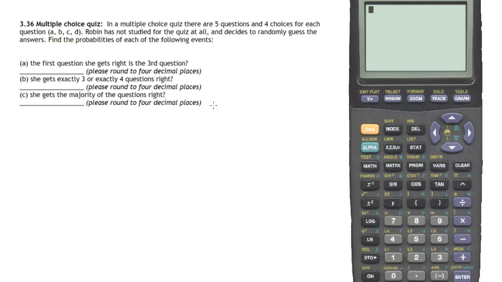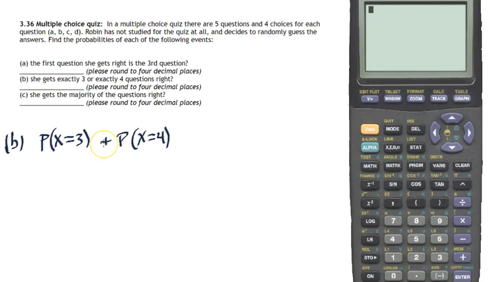And exactly 4 we would also use an additional binomial PDF. Let's write this out. You can think of this as the probability that x is equal to 3 plus the probability that x is equal to 4.